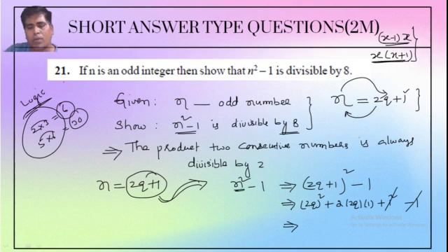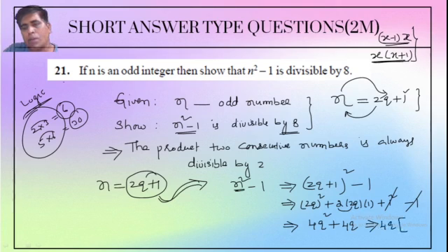So what is left? I am writing 2q square, which is 2q into 2q, 4q square, plus 2 twos are 4, 4q. What can I take common in these two terms? I can take 4q common.